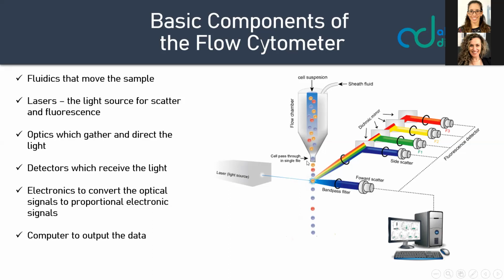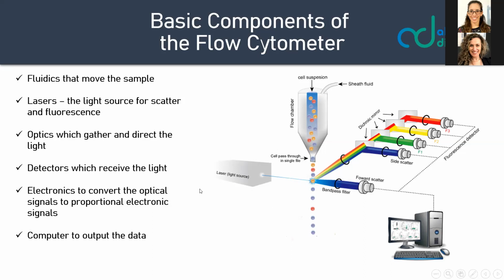This very narrow stream is achieved by laminar flow. And this is very important to get accurate data, to get the cells passing through the laser line one by one. So after the fluidics, we have the laser source.